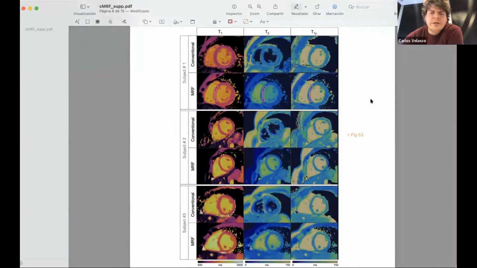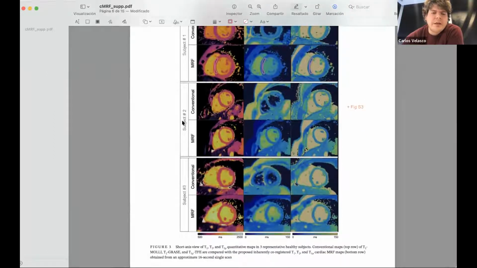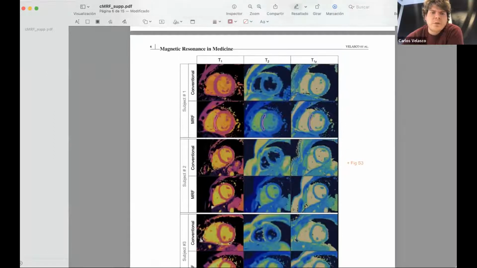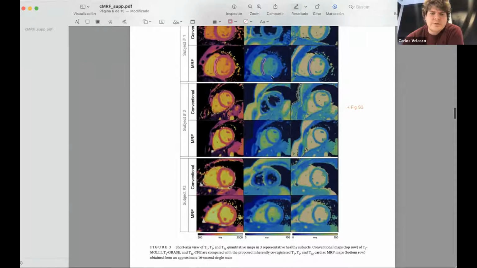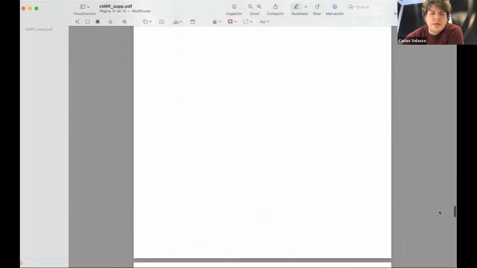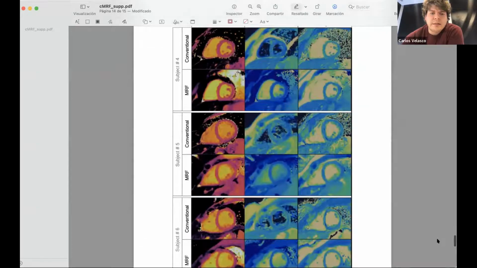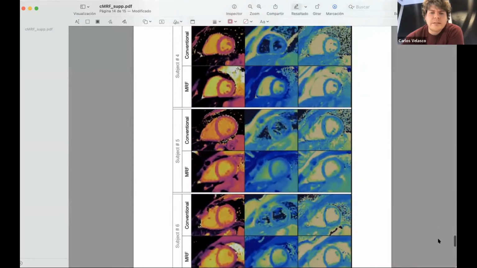The healthy volunteer validation, we can see here I'm showing 3 subjects, where on the top row there are the conventional T1 MOLLI, T2 GRAPPA, and T1rho prepared one breath hold scans, and on the bottom row, the MRF equivalents. And we have these 3 cases, and in the supplementary, we also show another 3 of the total 10 subjects that we scanned.